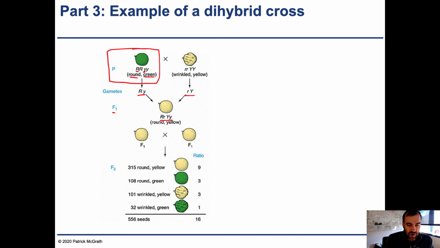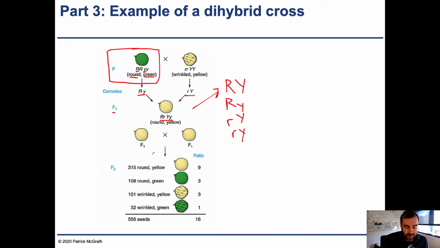Now we intercross these again, and we cross the F1s. Again, we have to figure out what are the possible gametes that this individual can produce. Now this individual can actually produce 4 different gametes with equal probability. It has to give one of the R and one of the Y, but there are 4 different ways it can do that, and I've written those out right here.